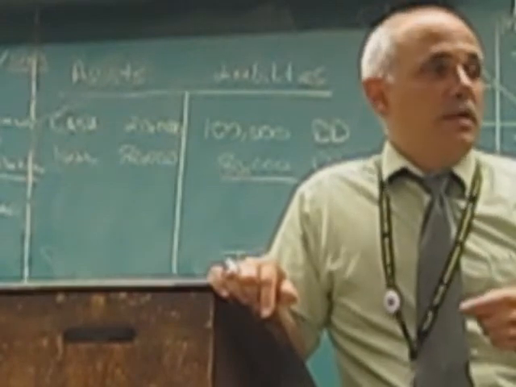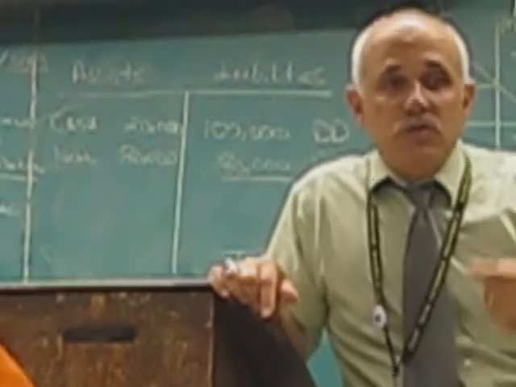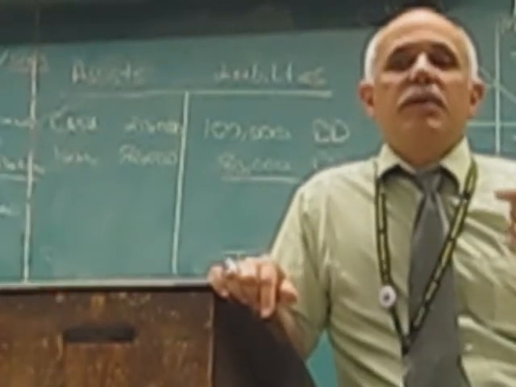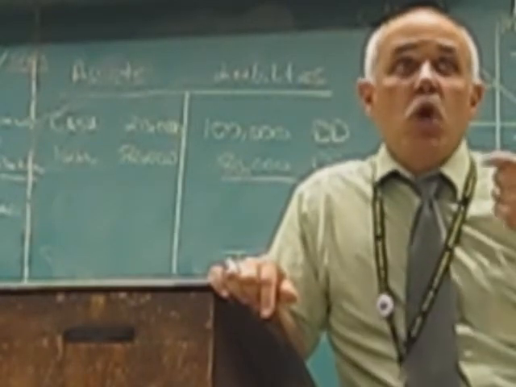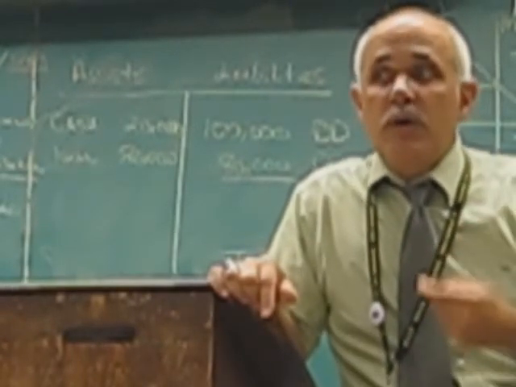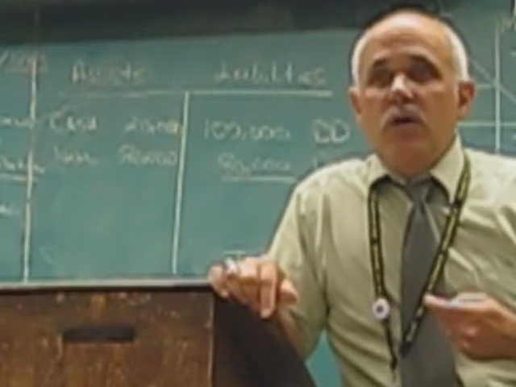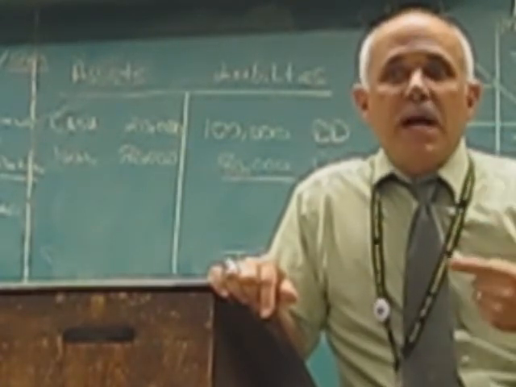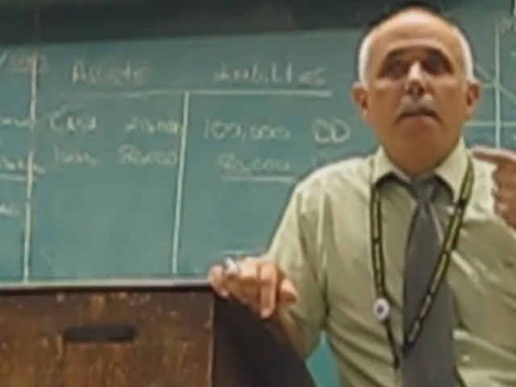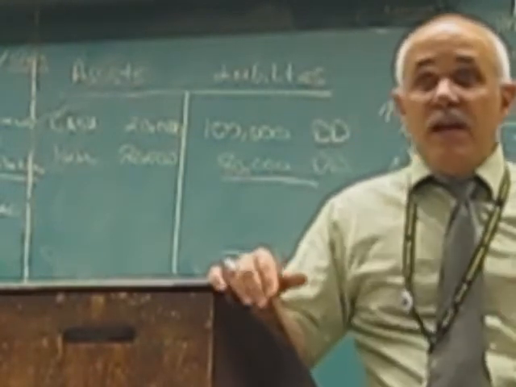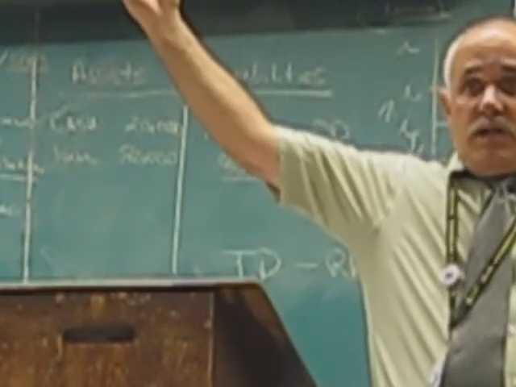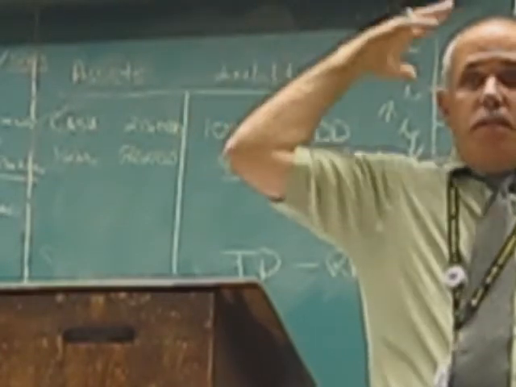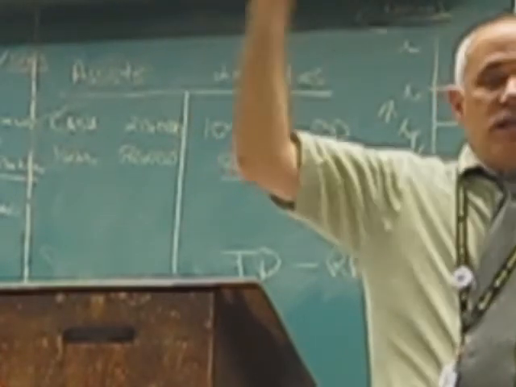Now, the biggest way the Fed manipulates the money supply is through open market operations. Open market operations is the Fed buying and selling bonds. So the Fed holds bonds, and they can buy bonds or they can sell bonds.